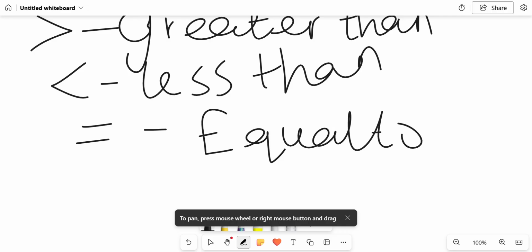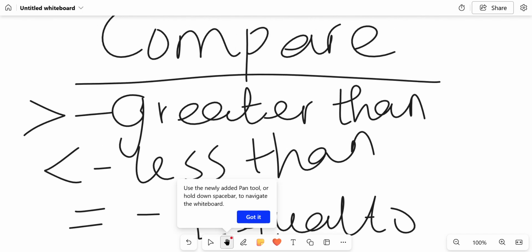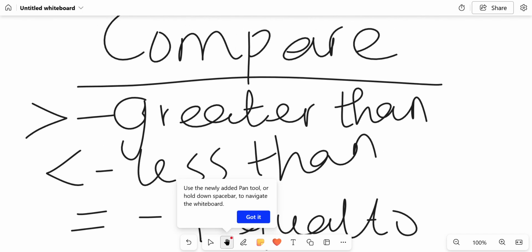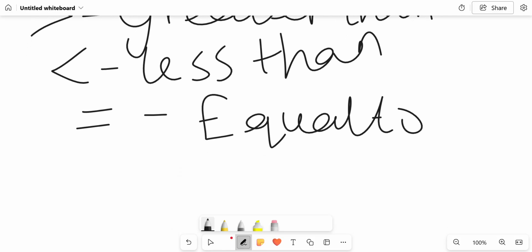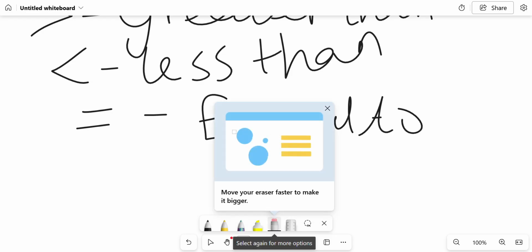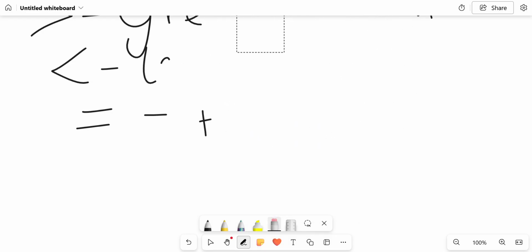So whenever we're comparing numbers, we mostly use these three symbols: the greater than, the less than, and the equal to. Let me rub that off so we can take an example.